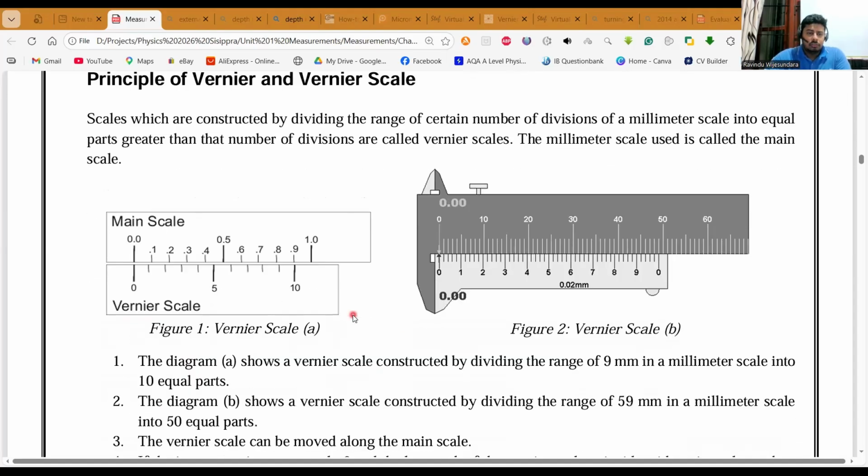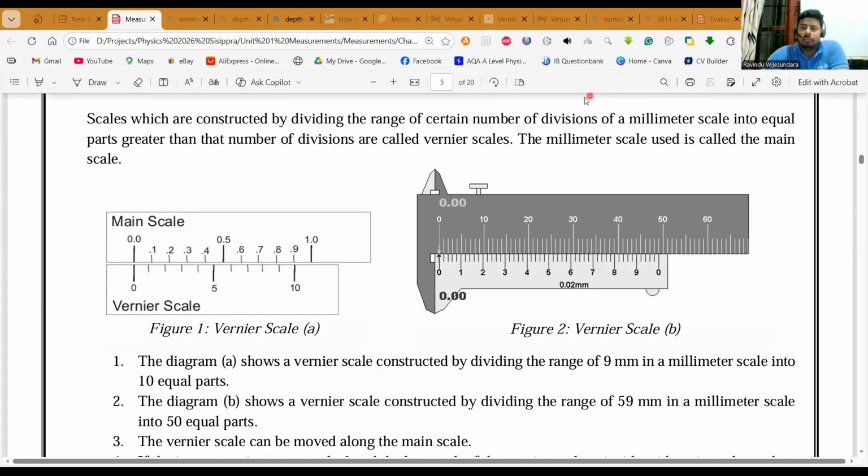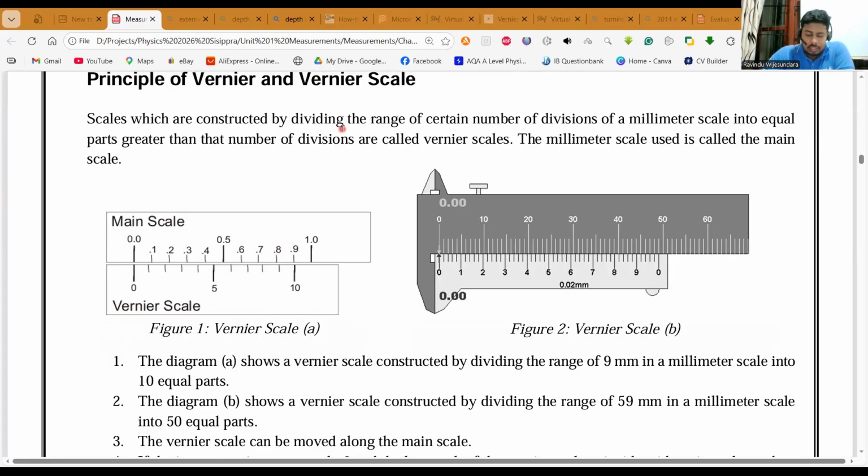Right. Now, if you take this Vernier scale, you can see here a simple Vernier scale. Scales which are constructed by dividing a range of a certain number of divisions of a millimeter scale into equal parts greater than that number of divisions are called Vernier scales.